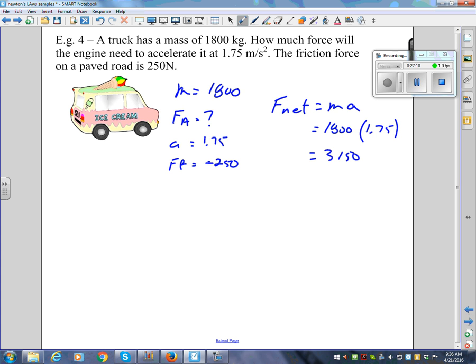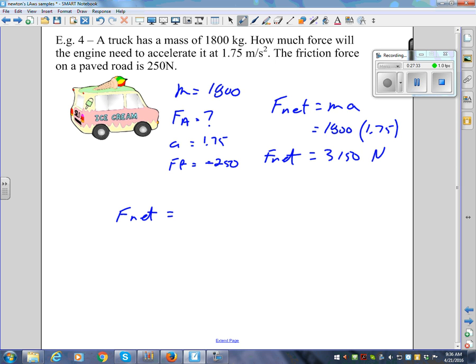Am I right? Not the final answer. Okay, 3150. That, my friends, is the net force. It is not the applied force.